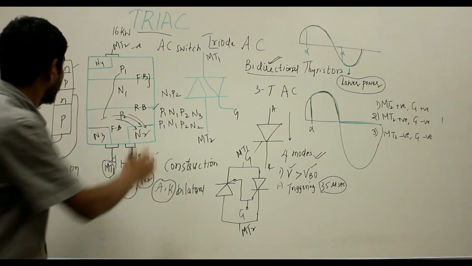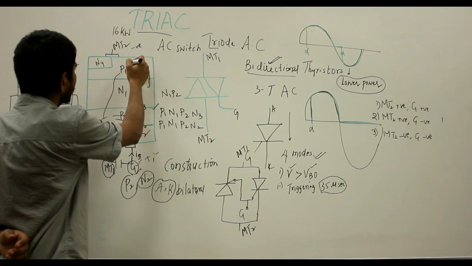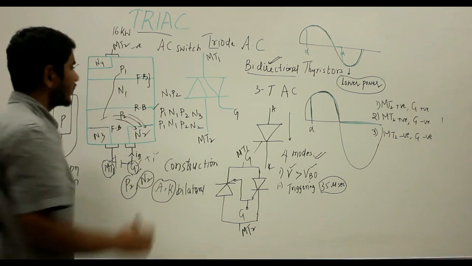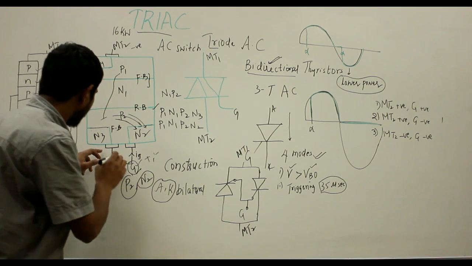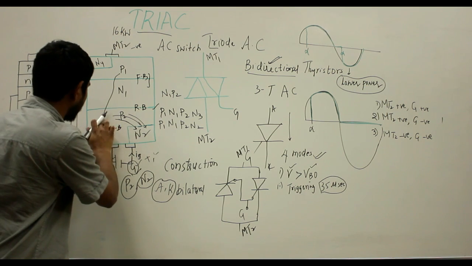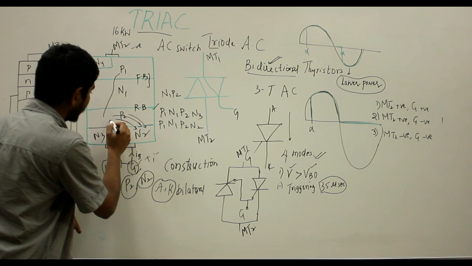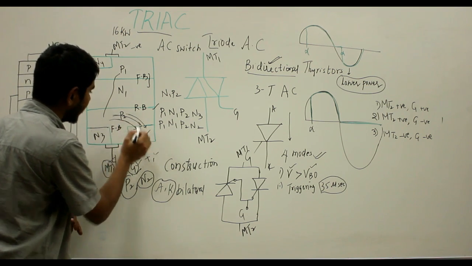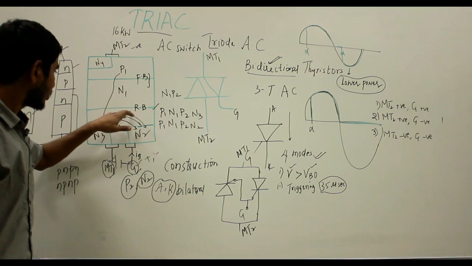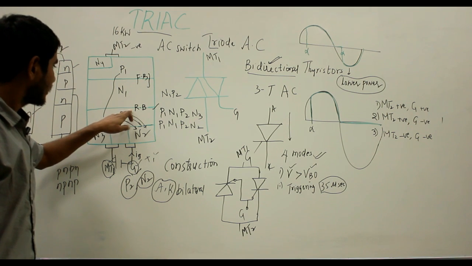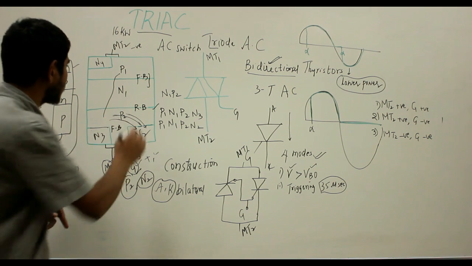So therefore this P1 is connected to the negative terminal and here the current will flow from this P2 layer to N2 layer, and the N2 layer injects electrons into the P2 layer and this breaks the reverse bias region.